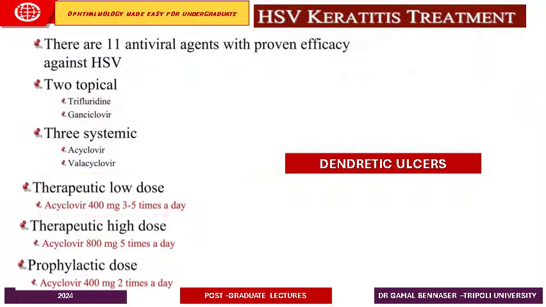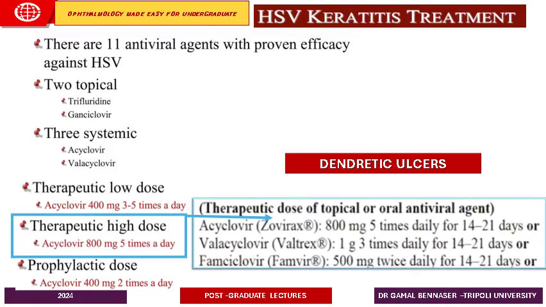Now, the therapeutic high dose mainly uses acyclovir 800 milligrams 5 times a day, or the equivalent dose of valacyclovir 1 gram 3 times a day for 2 to 3 weeks, or famciclovir 500 milligrams twice daily for 2 to 3 weeks, and it should not be used for more than 3 weeks because of epithelial toxicity.